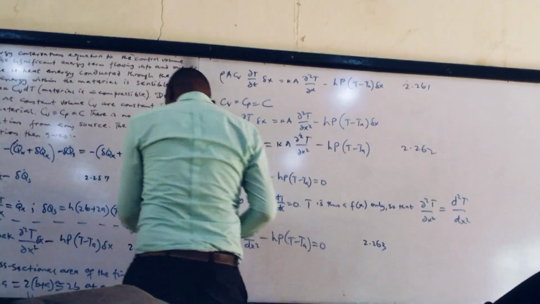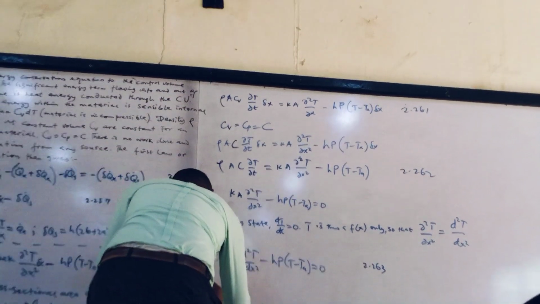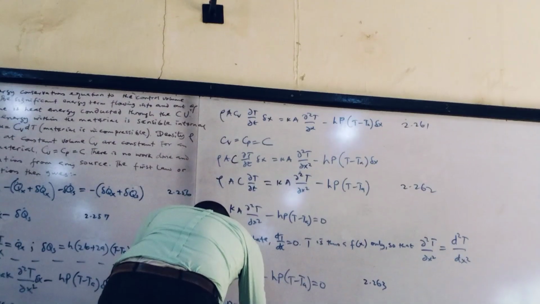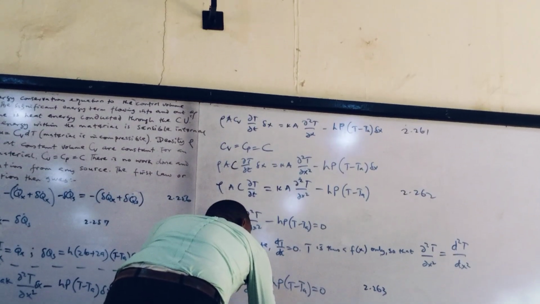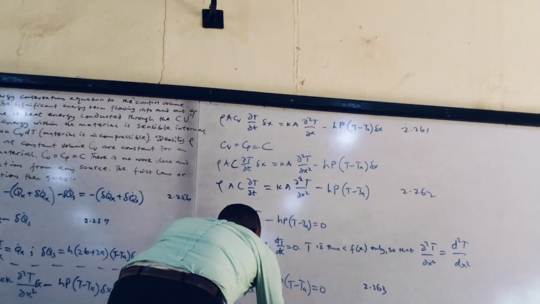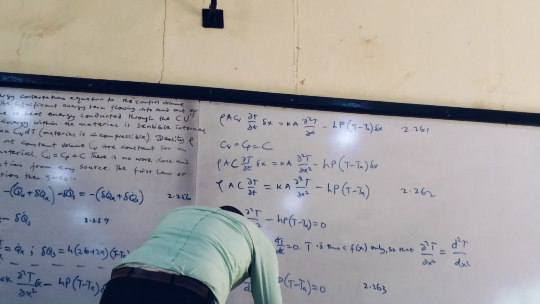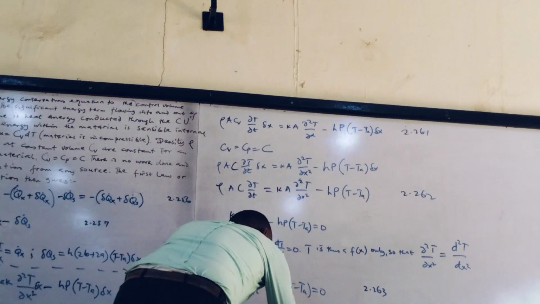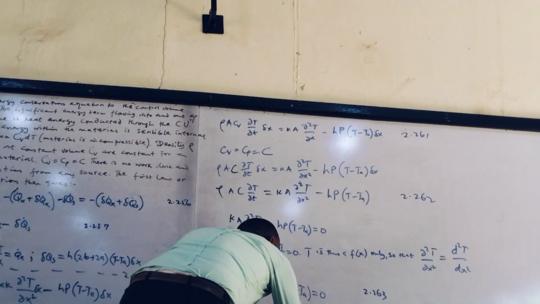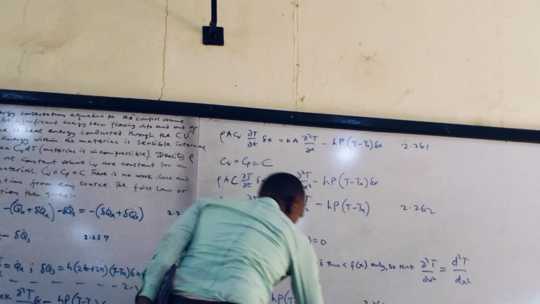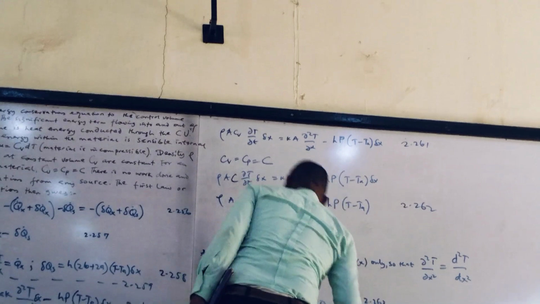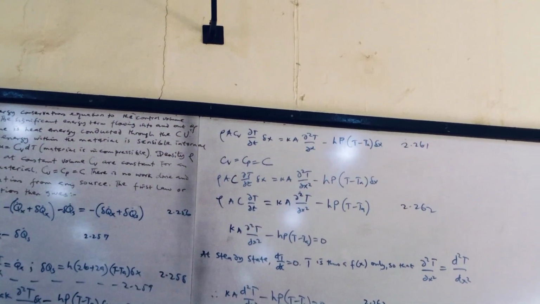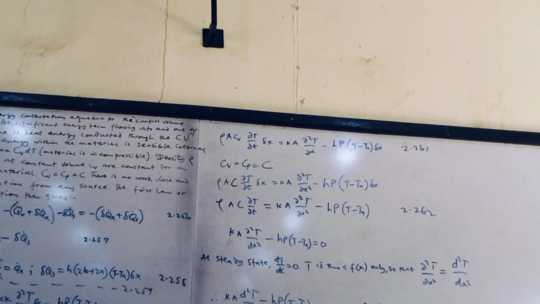So we can also state it this way: d squared T over dx squared is equal to hP over kA times (T - T∞). So call this 2.26. So this is the governing equation of the rectangular fin.